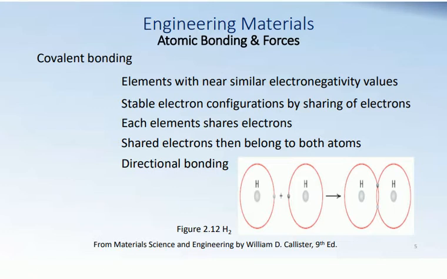So covalent bonding is sharing of electrons. As this is sharing of electrons, covalent bonding exists more forcefully along the direction of sharing. So it is a directional bonding.